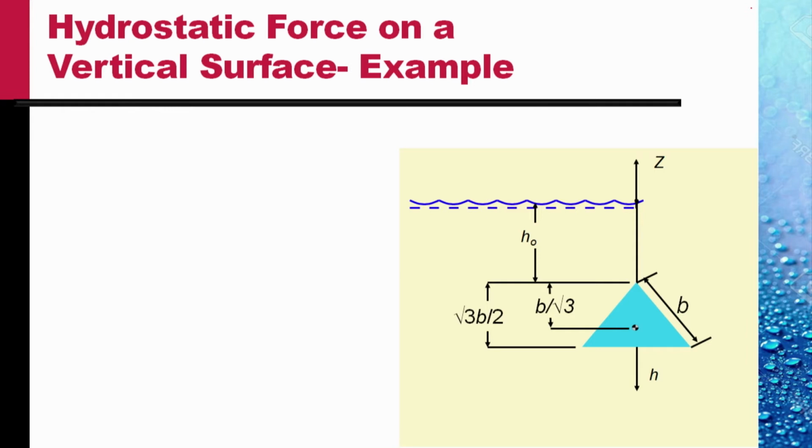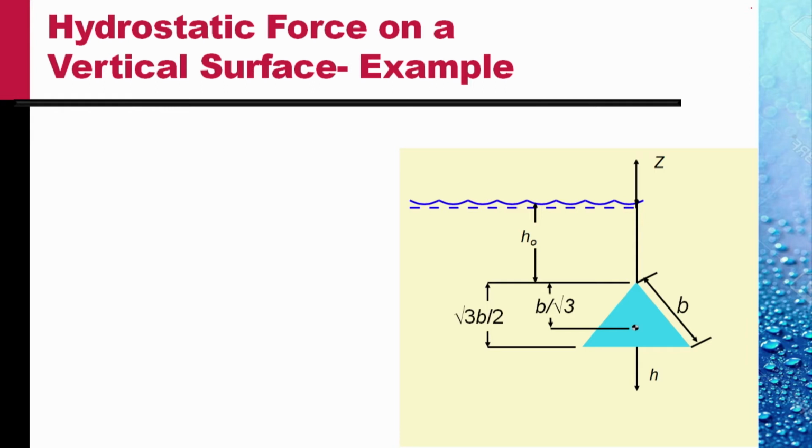We know that the depth of the centroid from the tip of the plate is 1/3 of the height of the plate, and the height of the plate is √3 b by 2, so that the centroid is at a depth of b by (2√3)... the total depth of the centroid is h0 plus b by √3.